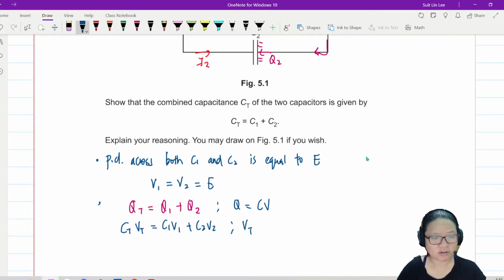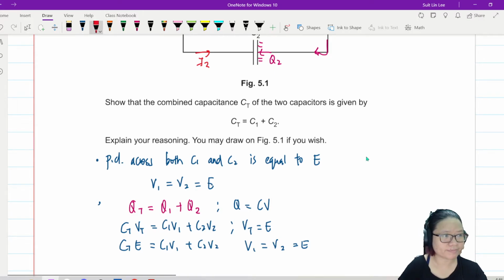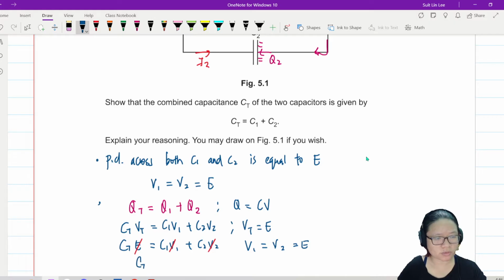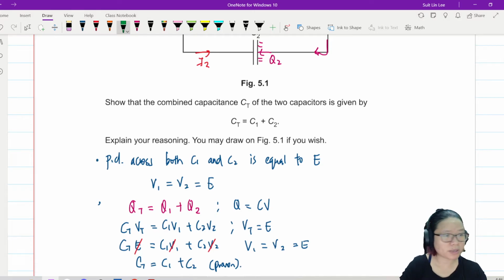So VT is equal to E, and furthermore, V1 equal V2 equal to E. So I guess I'm going to write this one as E. And since all of this is the same, I can cancel them out. Same. CT is equal to C1 plus C2. Proven.